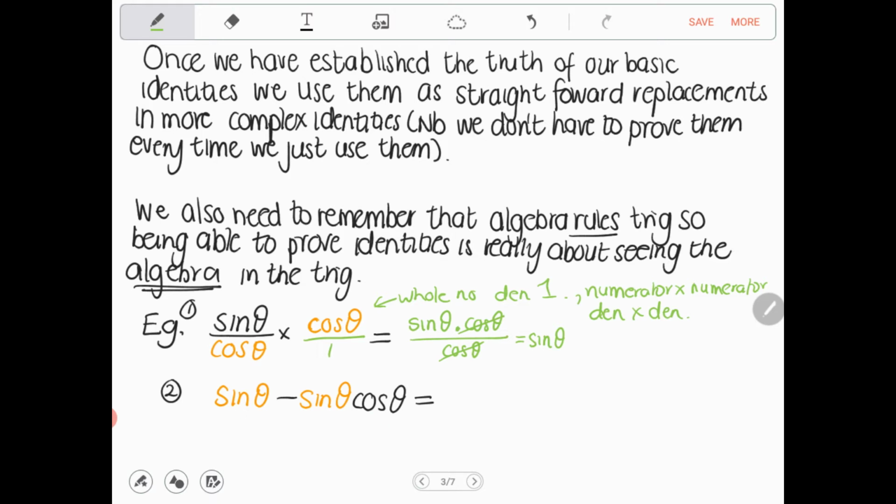Okay, here I have two terms. Okay, 1, 2. They are not like terms. This is a sine theta, this is a sine theta times cos theta. If they were like terms, we could add them or subtract them. Okay, so if you have terms that are not like terms, we need to factorize.